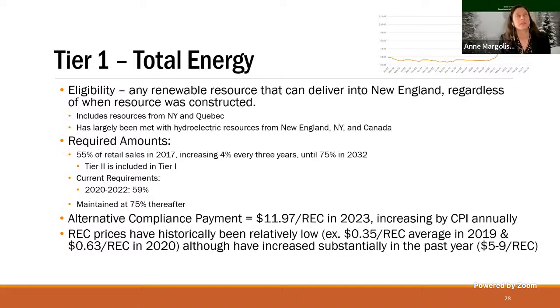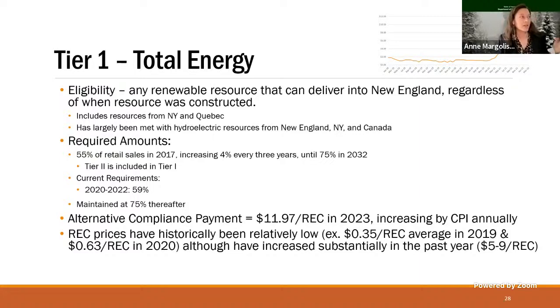When you think of RPSs, renewable portfolio standards in general, there are various factors like size, whether it's in-state or out of state, when it was constructed, the type of resource. Those are all factors that states decide on a state-by-state basis. So under our tier 1 paradigm, this is large resources that can deliver into New England of any vintage.